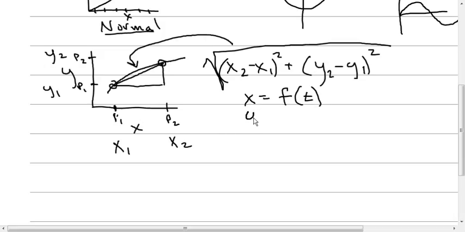And in the same way, y has some other function, g of t, and so these t's match up. So at time 5, we could calculate where x is. At time 5, we calculate where y is, and then we could go over here, and if this point corresponds to time 5, that's the value of x, and that's the value of y.